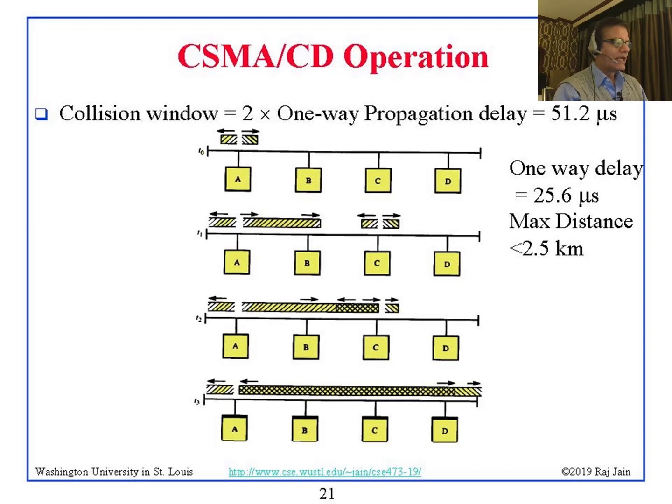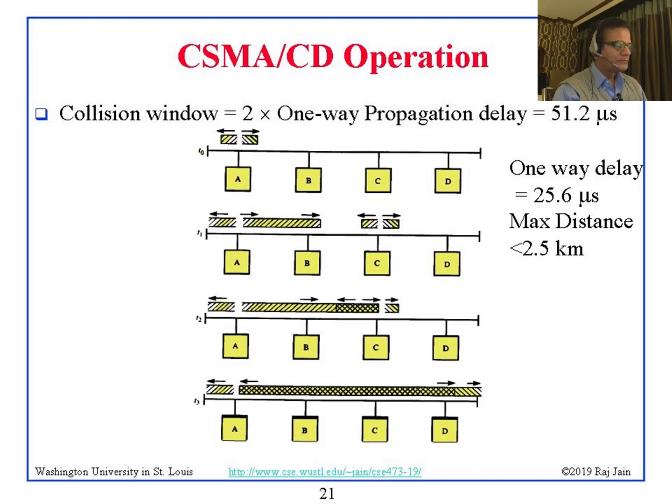As time progresses, the signal reaches B, but it doesn't reach C. C thinks that the medium is idle and it starts transmitting. Its signal starts propagating both sides, left and right. At some point, A's signal reaches C, and C detects the collision. A has not detected the collision. Only C has detected the collision now, right?